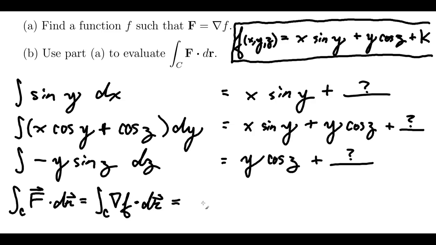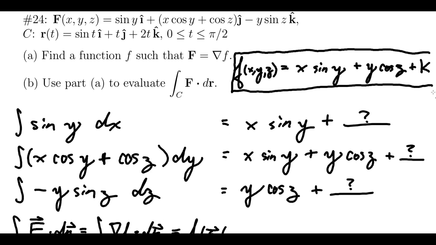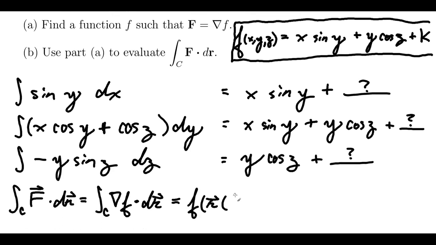So we can use our fundamental theorem of line integrals and just evaluate this at the endpoint. T is going from 0 to pi over 2, so we can evaluate it at the endpoint, pi over 2, and subtract the value at the initial point, 0.